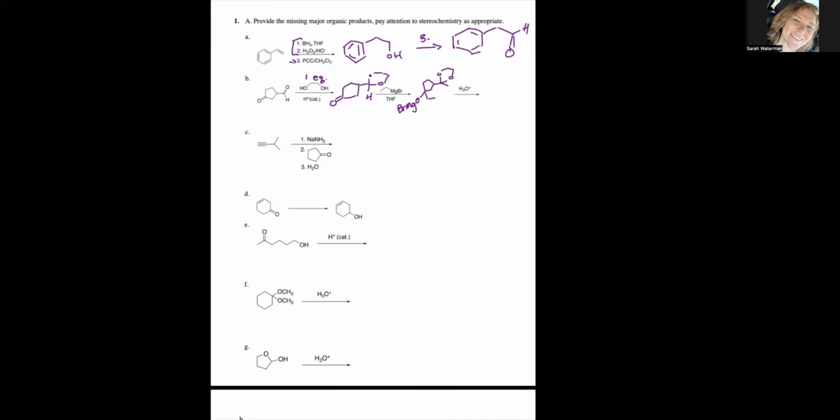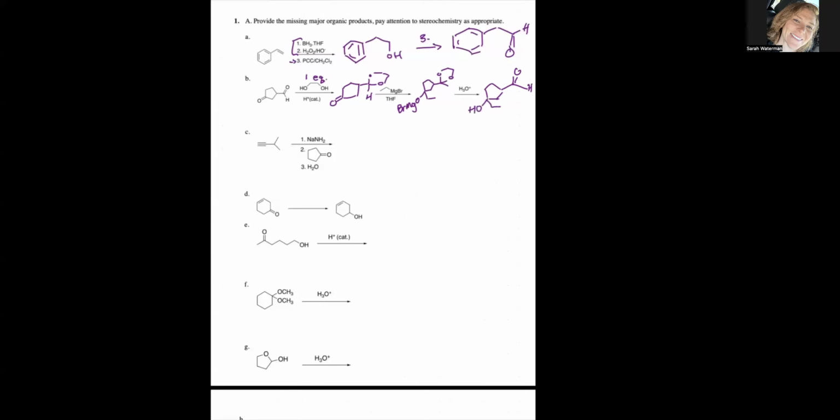And then we do our acid workup step, and that will both kick off our Grignard as well as give us our aldehyde back. So do this. And then we have our alcohol here.